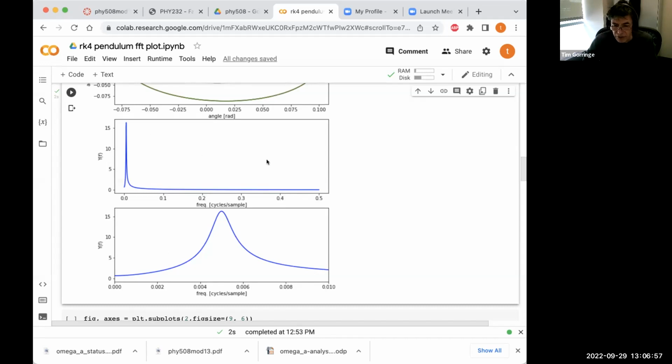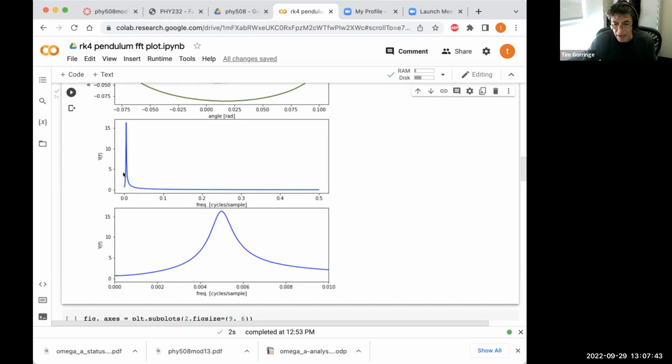In the full frequency spectrum, I've got frequencies from 0 over here on the far left to the maximum frequency that I can see based on the Nyquist limit. The maximum frequency that I can see based on the Nyquist limit is half a cycle per sample. It corresponds to a period of 2 samples. You can't see a smaller period if you sample at this rate. You can't see a higher frequency sampling at this rate. So this is the Nyquist limit.